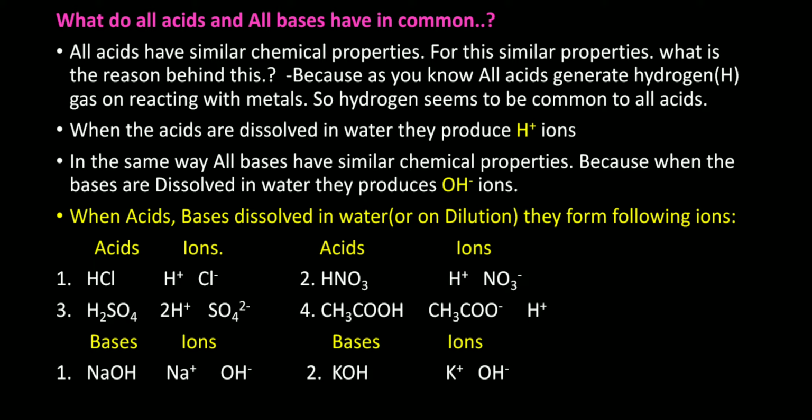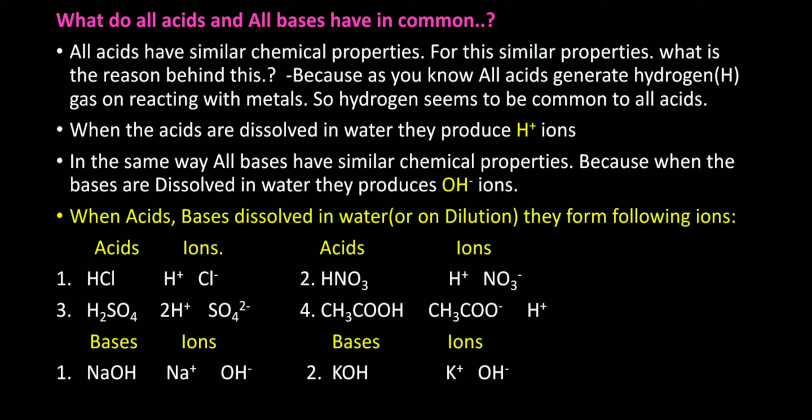So hydrogen gas seems to be common to all acids, for example hydrochloric acid, sulfuric acid, nitric acid. When they react with different metals, that is sodium, potassium, magnesium, calcium, aluminum, they liberate hydrogen gas. Hydrogen gas liberation is common for all the acids.